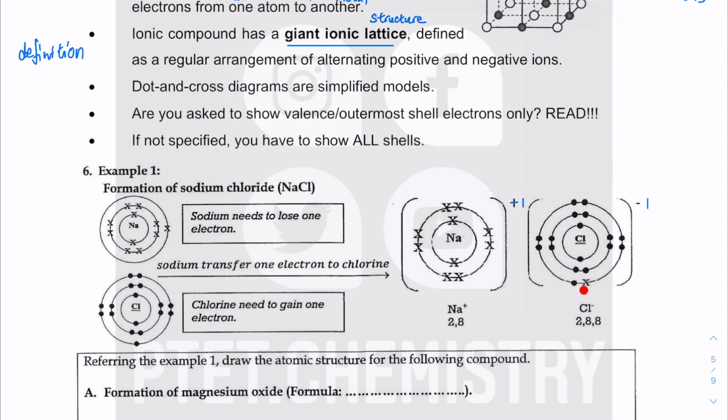Take note of what they have done. You gain an electron, and you do not show it with the same dot because you want to represent that the electron is different. I mean, it's all electron, but the electron comes from the sodium atom that has lost 1 electron, and the chlorine atom has gained 1 electron. Both the sodium and the chlorine now have a fully filled valence shell, meaning it's completely occupied.